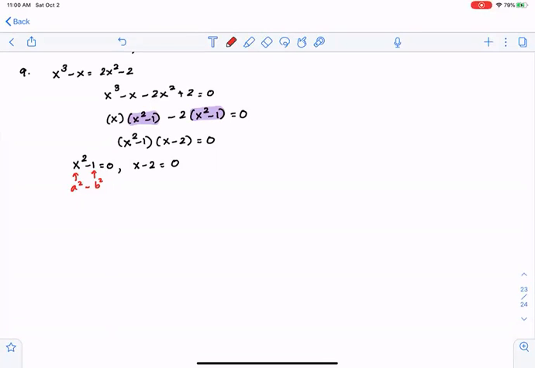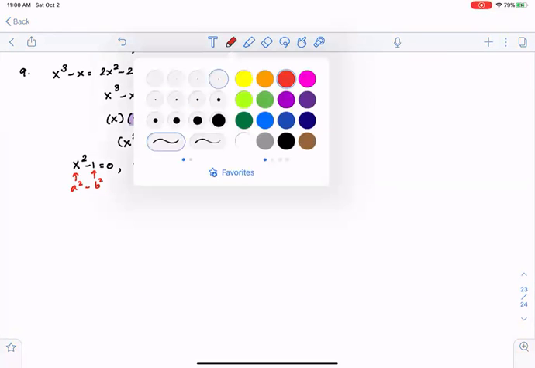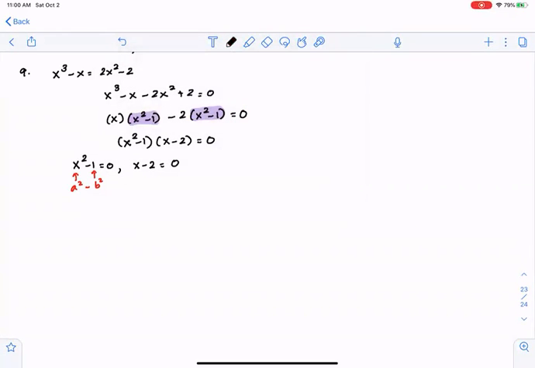This is why we learn special products. Since it is a squared minus b squared, a squared is x squared, which would mean a is x. B squared is 1, which would mean b is 1. We know we could write a squared minus b squared as a plus b times a minus b.